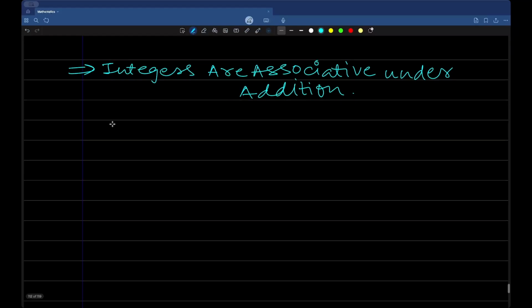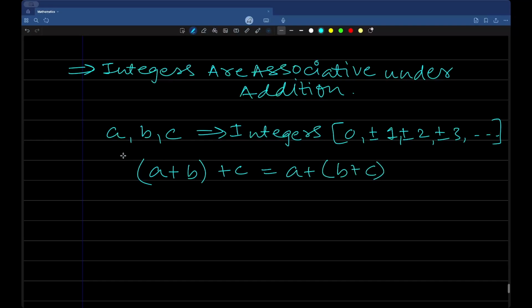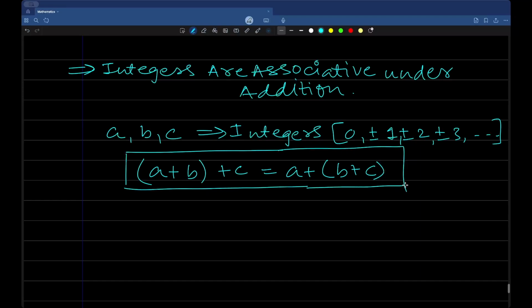That means if we take three integers a, b and c, integers, that is from 0, plus or minus 1, plus or minus 2, plus or minus 3 and so on, we can prove the statement that (a + b) + c equals a + (b + c). This is the associative property under addition.